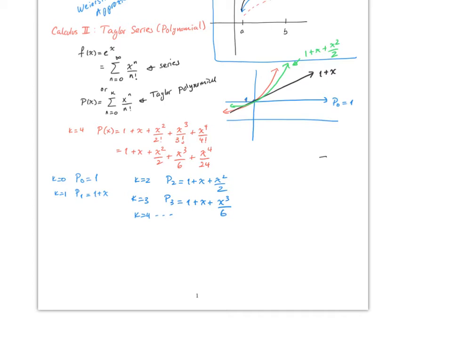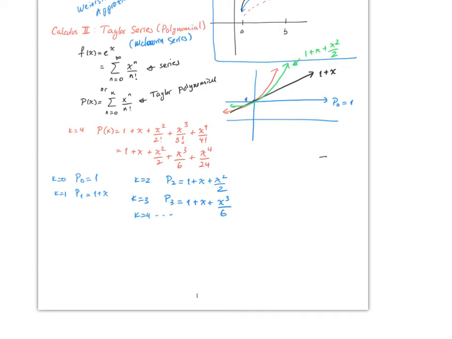The reason why the approximations are good close to 0 is that, if you remember from calculus 2, this Taylor series is actually called the Maclaurin series, and the Maclaurin series is a Taylor series that is centered at 0. So that's why the approximations are good around 0.